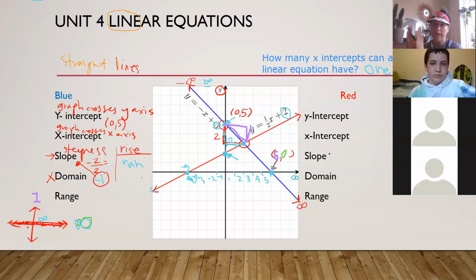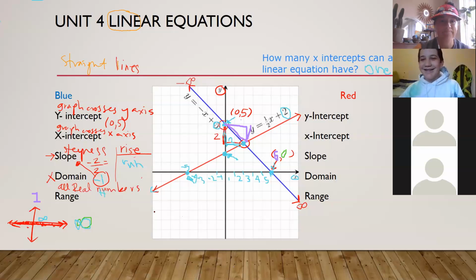Do you remember what we call it when it includes all the x values from positive infinity to negative infinity? Infinite. Okay, infinite. Also, we can say all real numbers. Yes, good. All real numbers.